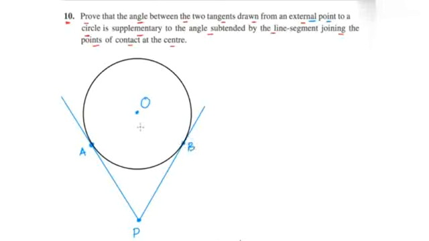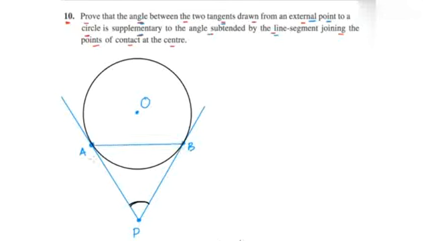Now with respect to this figure, let's read the statement again. Prove that the angle between the two tangents, so the angle between the two tangents is this angle here, right? Prove that this angle is supplementary to the angle subtended by the line segment joining the points of contact. So the line segment joining the points of contact would be the segment AB.